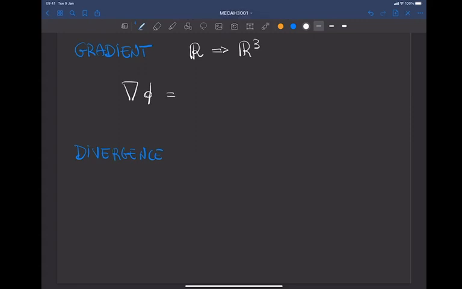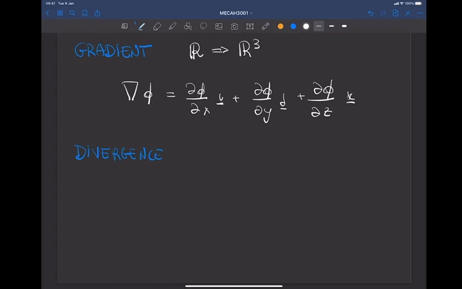This will be expressed as the derivative of phi with respect to the coordinate x times a unit vector i in the x direction, plus d phi over dy times a unit vector j in the y direction, and then d phi over dz times k. Okay, but this is something you probably already know very well, so I won't spend too much time on that. So this is the definition of the gradient.